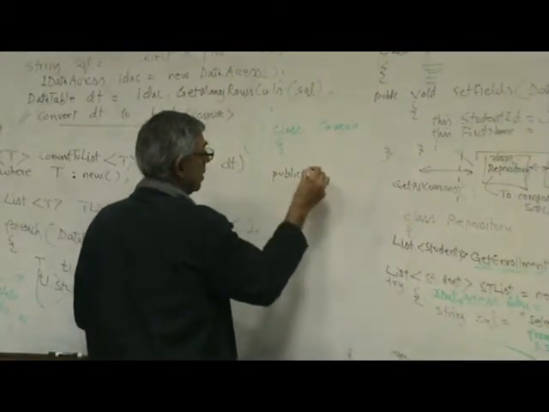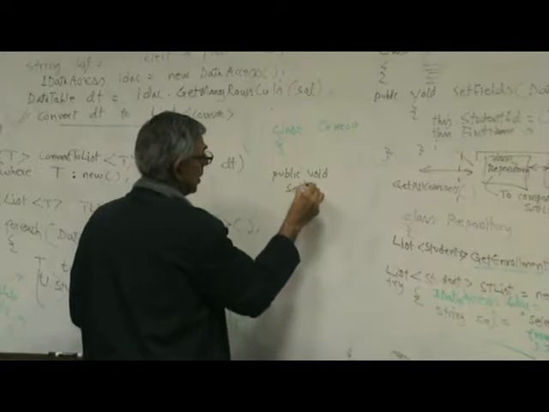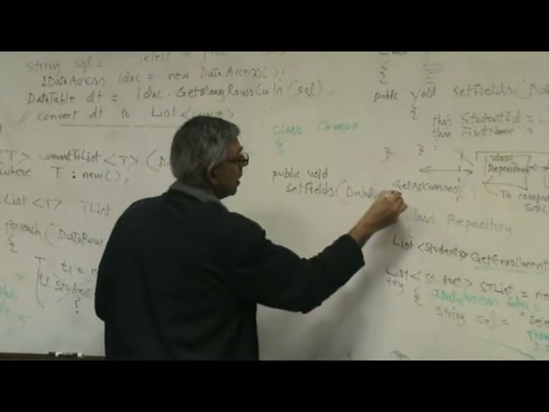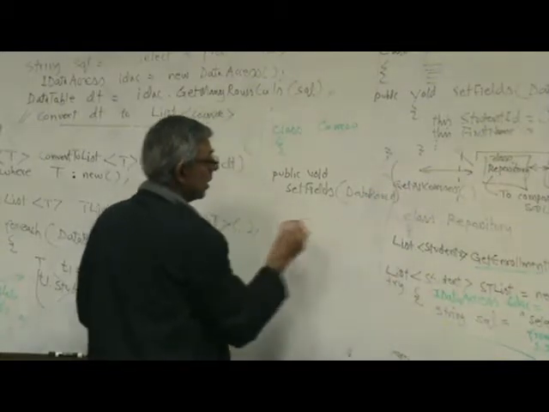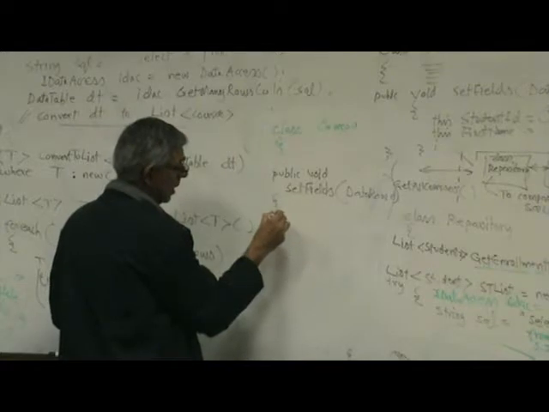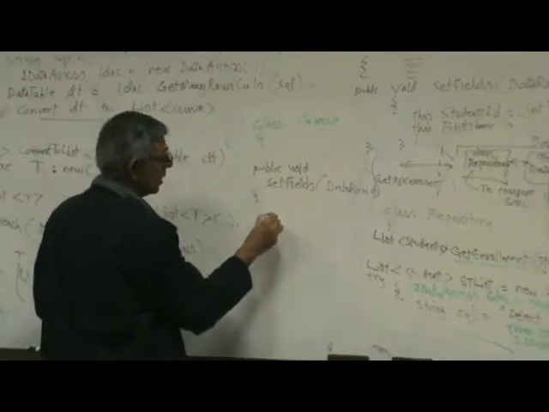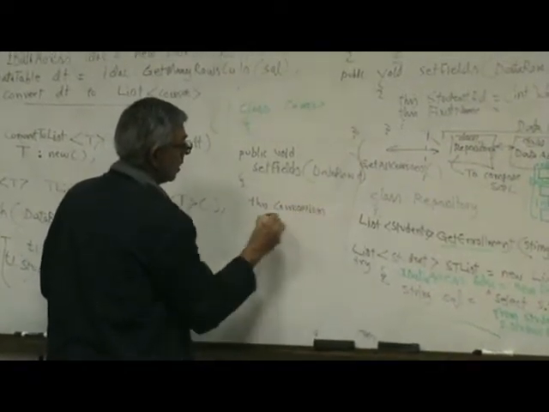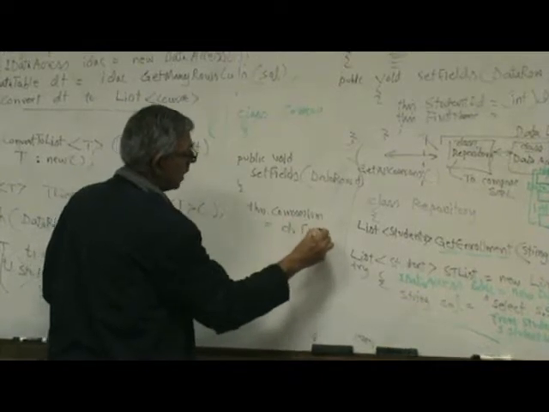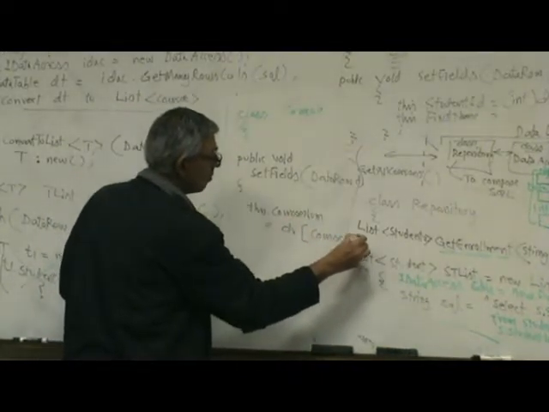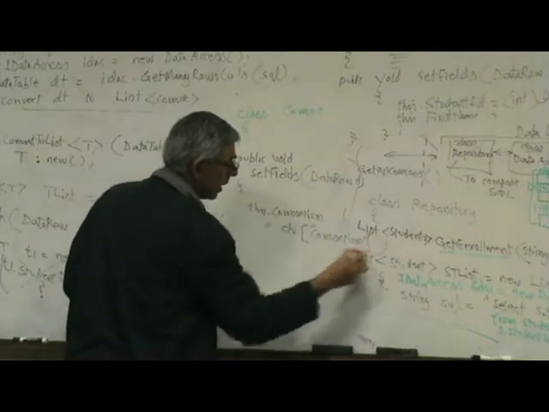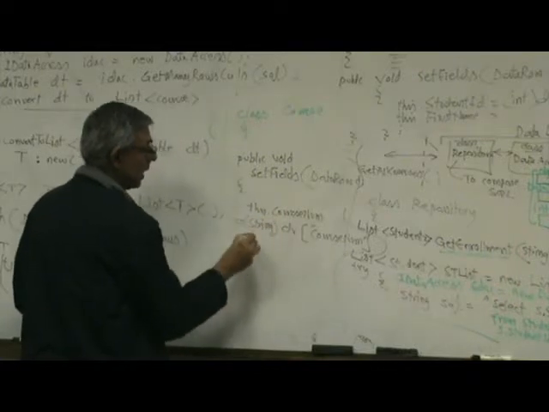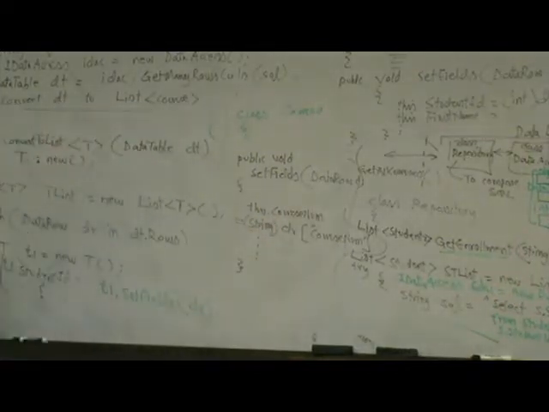So public void setFields, DataRow dr, and again this.courseNum equal to dr of courseNum, and if it is a string, you will typecast it to a string, right, and so on.